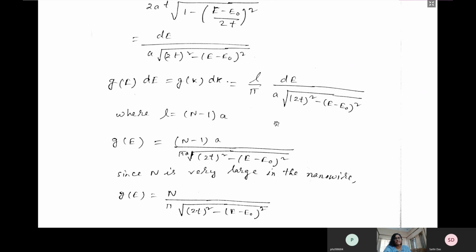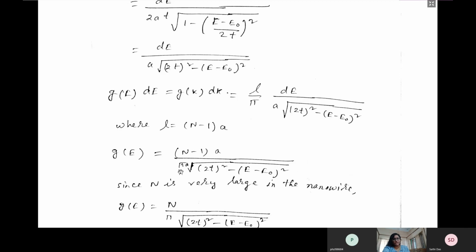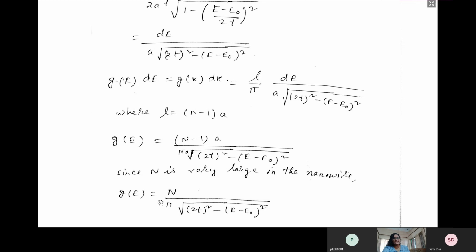Just take 3 points to calculate the length, each step having length a. So for 3 lattice sites you get a total of 2a. For 5 lattice sites you get a total length of 4a. Okay, but n is very large, so we can neglect 1. So we get g(E) equals n by π root over (2t) square minus (E minus E naught) whole square.